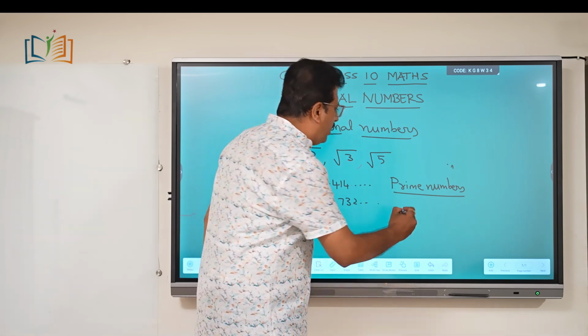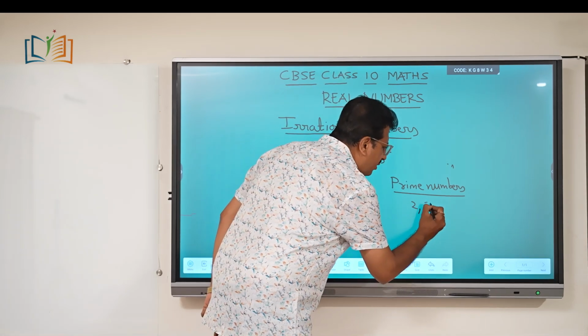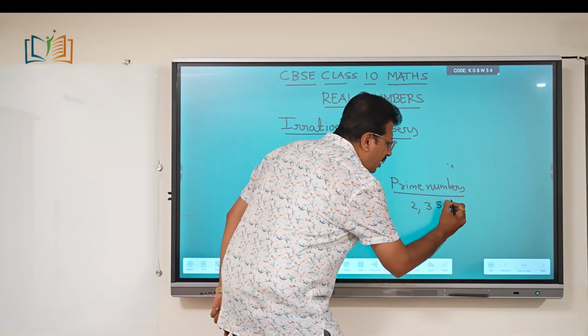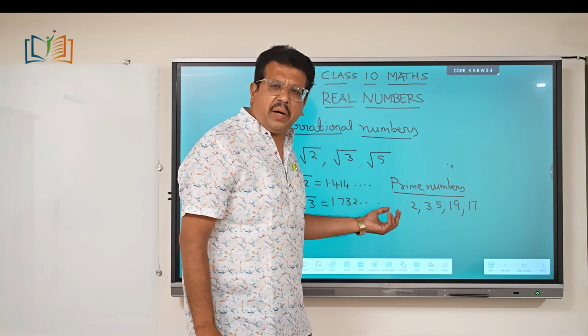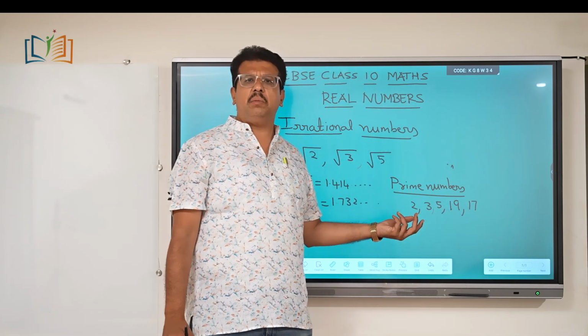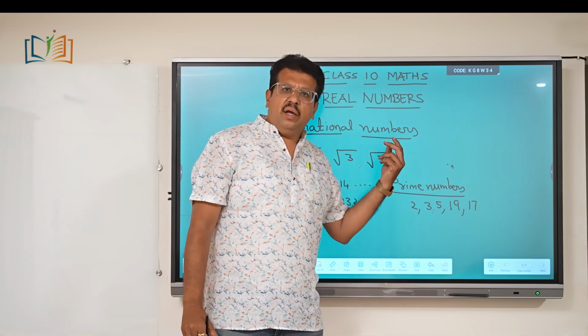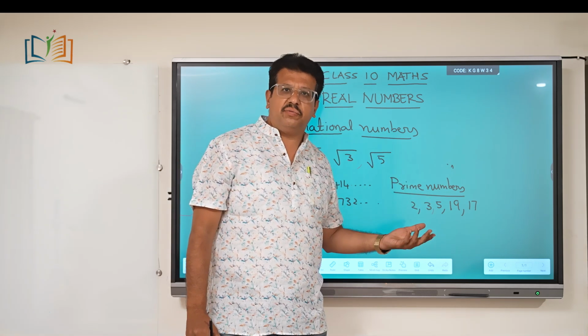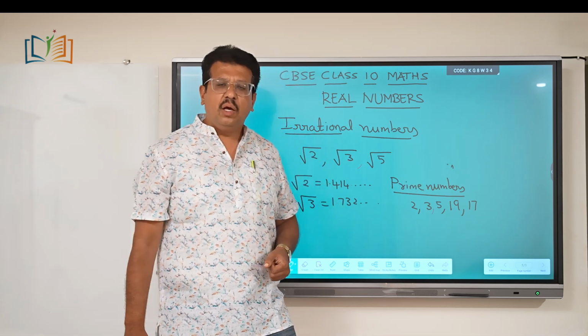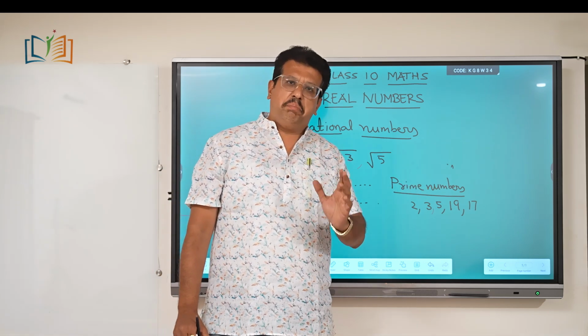For example, you can take 2, 3, 5, 19, 17. These are called prime numbers. Why do you call them prime numbers? Because they are divisible only by 1 and itself.